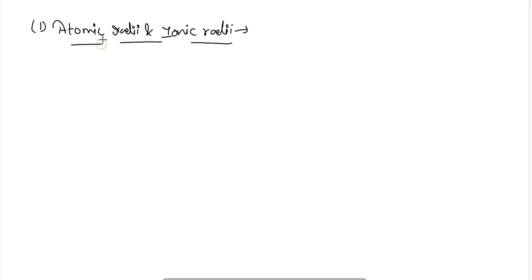So today we are going to first discuss the atomic radii and the ionic radii of the group 13 elements. What is the trend and what is the relationship between the atomic radii and the ionic radii?